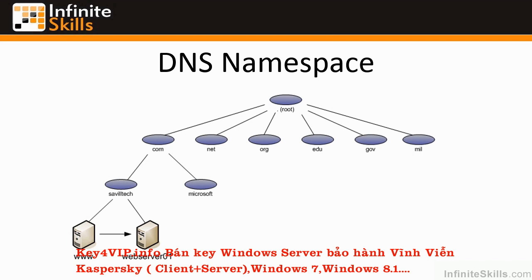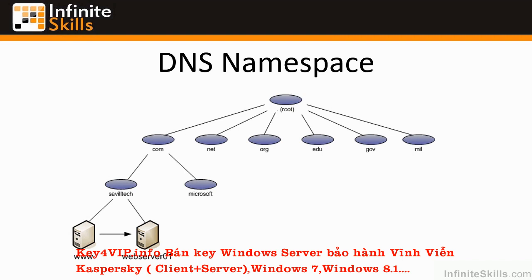And the way this works is for each of those different levels, there are one or more DNS servers that are responsible or authoritative for that portion of the namespace. So there are root DNS servers that know where it should point to for com, who it should point to for net, who it should point to for org. And basically it delegated that portion of the namespace to those servers. So the com namespace has been delegated to the DNS servers that are responsible for com.